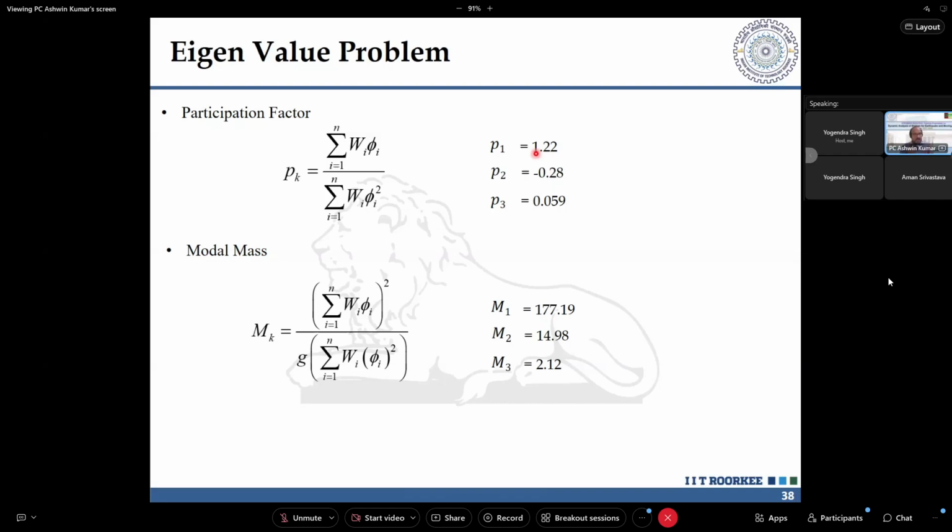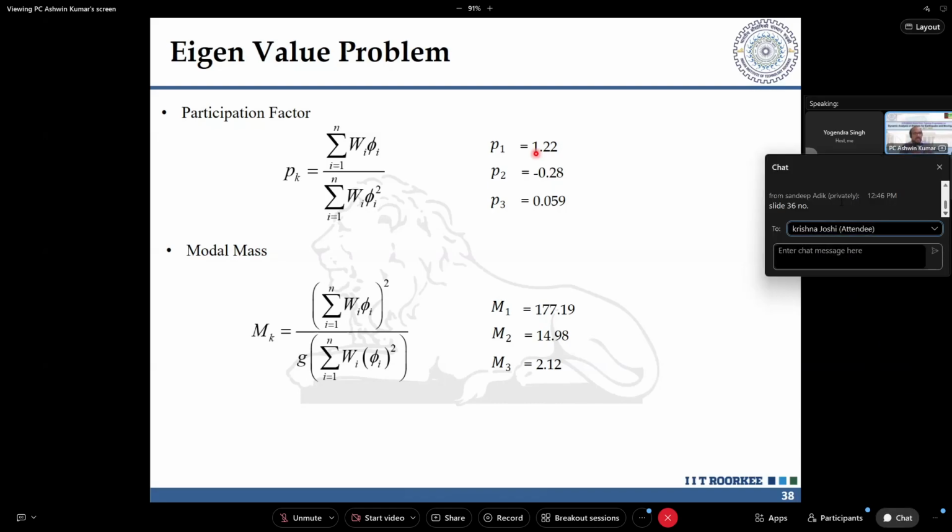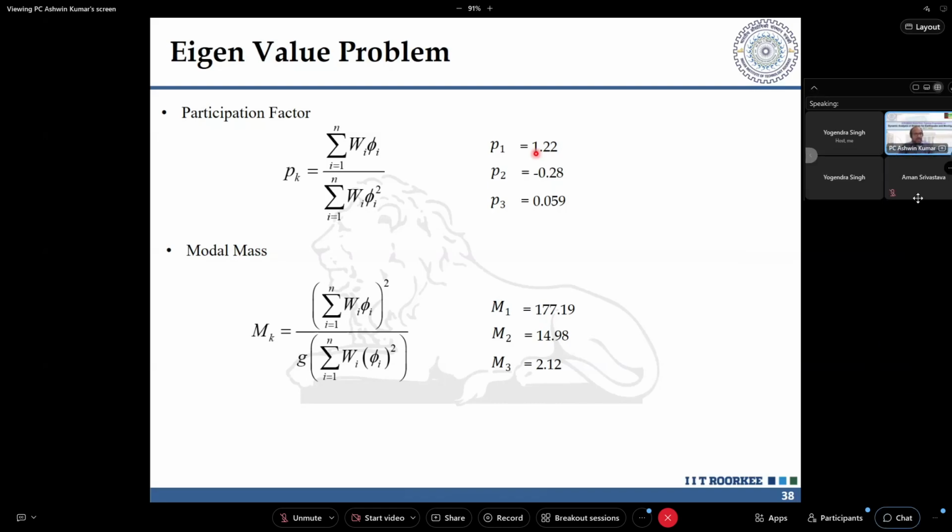Keep that in mind. Modal mass is another, separate calculation that I do. Again, the variables are the same, the seismic weight and mode shape. It gives me how much mass, if there were three degrees of freedom, right?